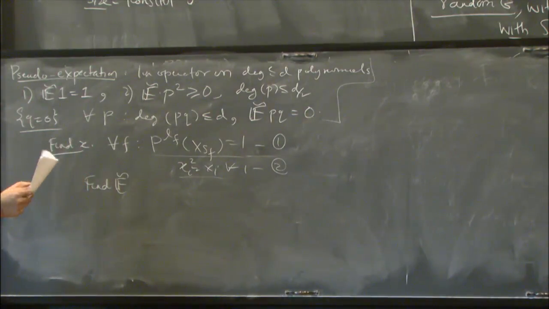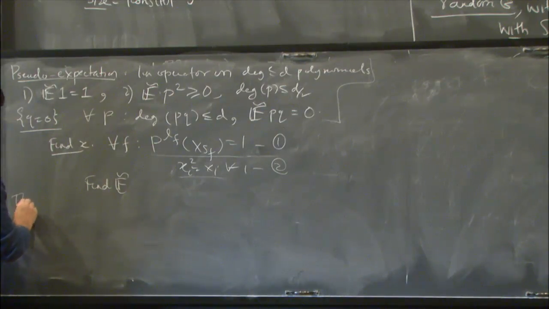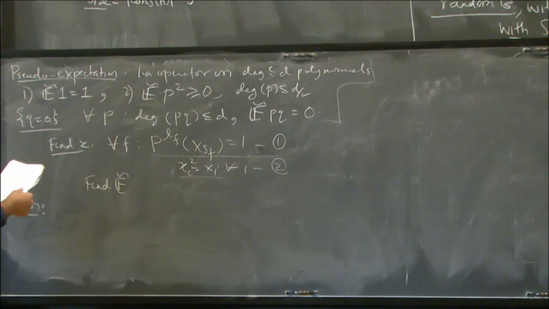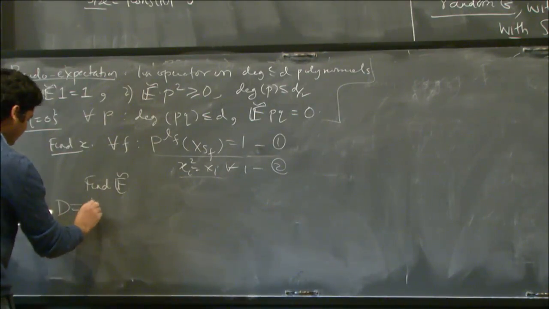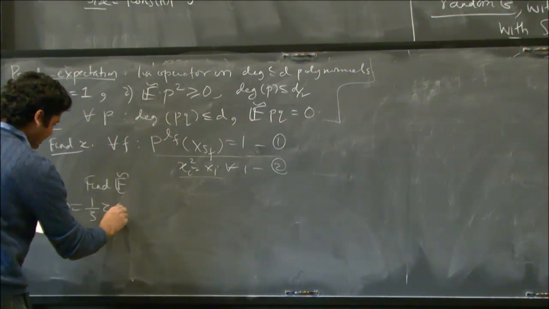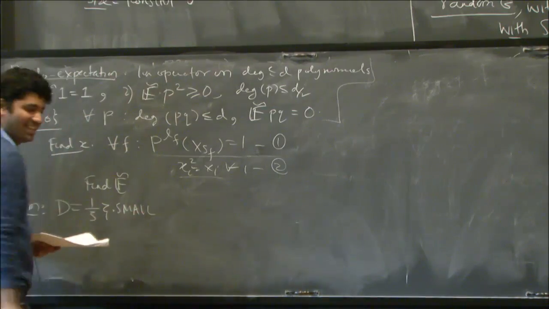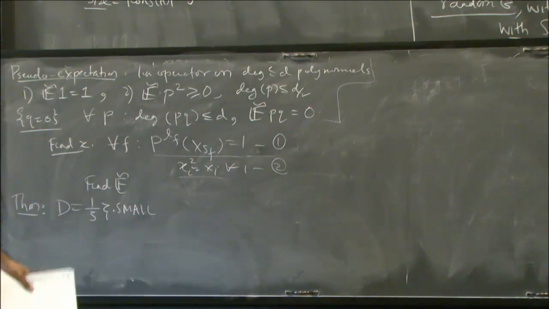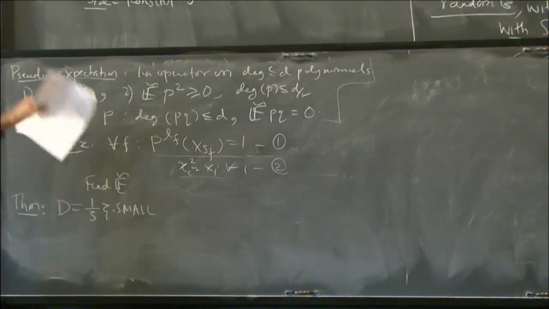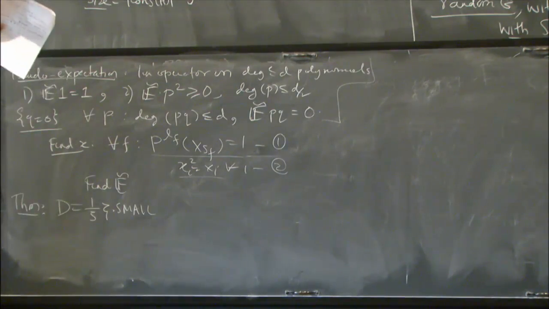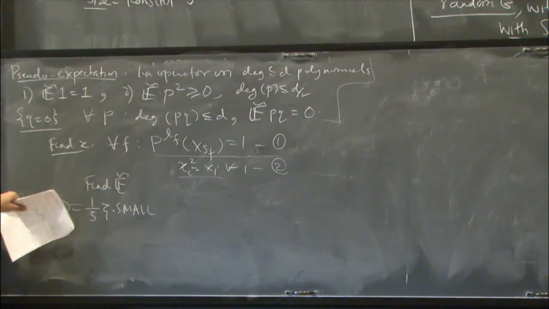Great, so let me maybe just state this theorem. This is a detailed version of what I stated previously. D is this parameter, 1/3 zeta small. I'm in the mood for precision today. Small is that parameter I defined at the top, zeta is also the slack parameter I defined there, and this is the degree lower bound I'm going to prove.